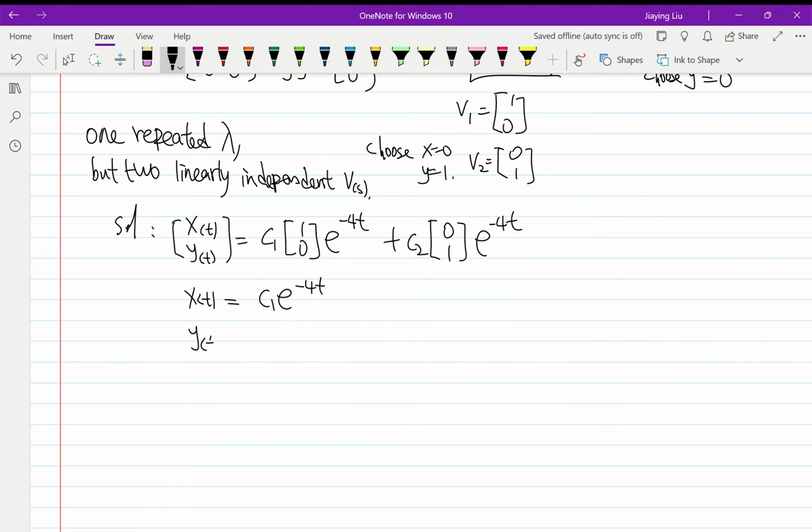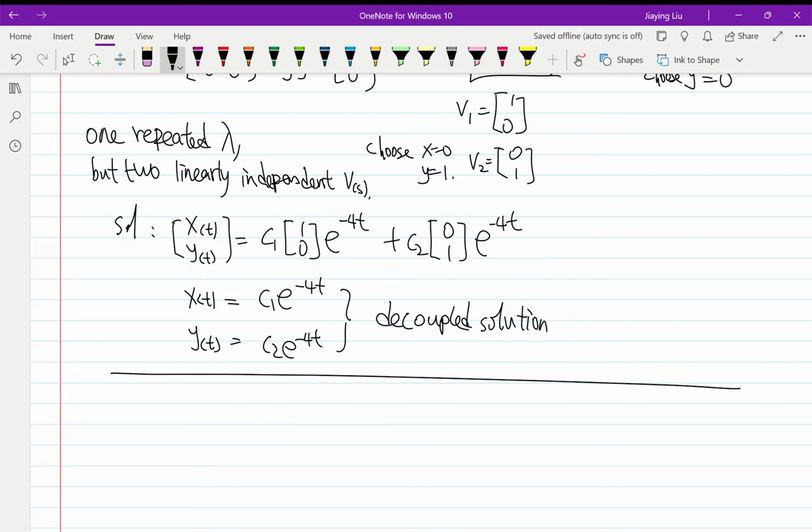And y of t is just going to be c1 times 0, so that's not there, so we get c2 e to the negative 4t. This is what we call the decoupled solution, because the derivative of x doesn't depend on y, and the derivative of y does not depend on x. So you can basically treat them as separate equations instead of a system of two ODEs. Sorry, decoupled solution.